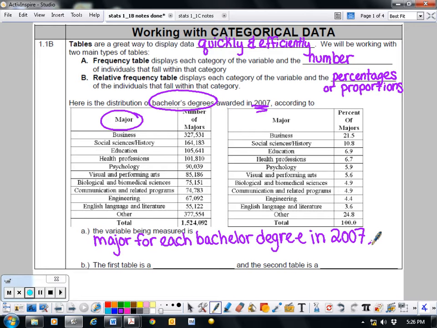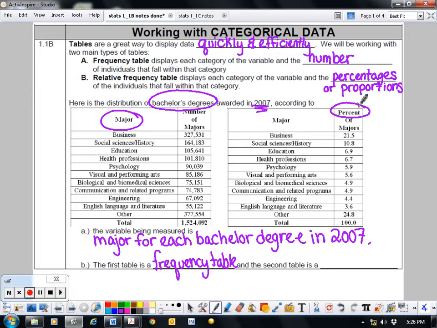Now one of these tables is a frequency table and the other one is a relative frequency table. Which one's the first one? The first one is a frequency table because we're looking at the number of people, the number of individuals, that fall into each major, each category. So that means the second one is a relative frequency table, and we can tell because it gives us the percent.